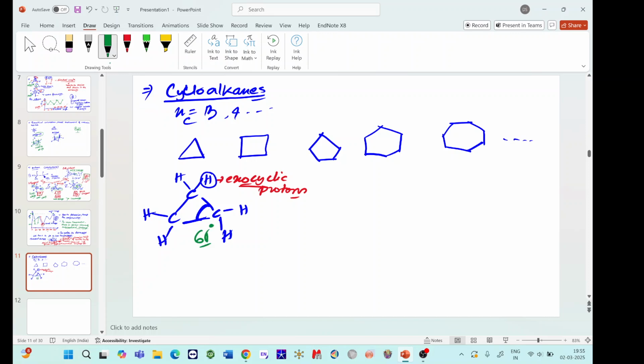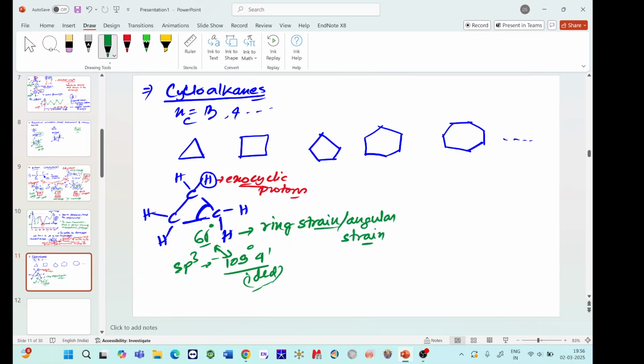But we know we are dealing with alkane. Alkane means sp3. sp3 should be like this, 109 degree. So you can see how much deviation is there from the ideal value. This is ideal. How much deviation is there? So that gives rise to ring strain or angular strain.